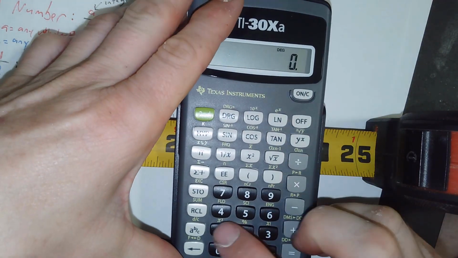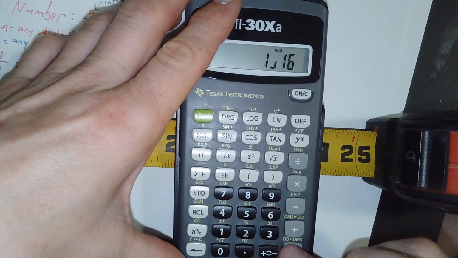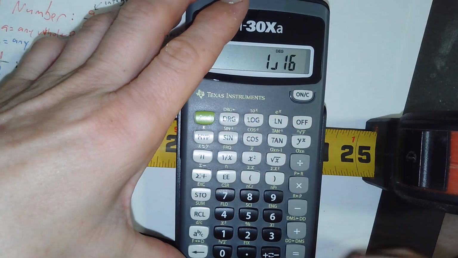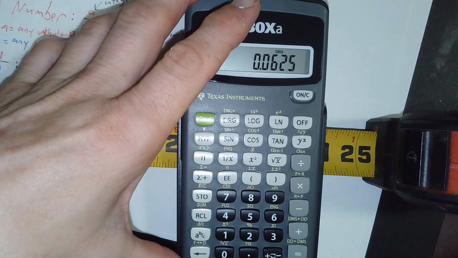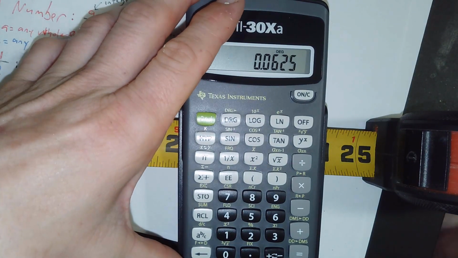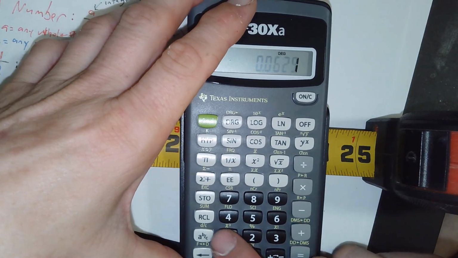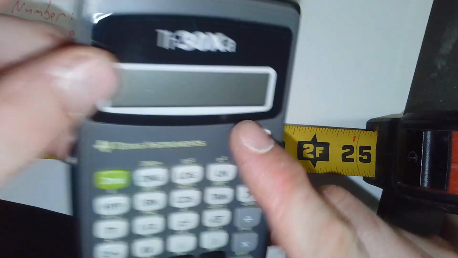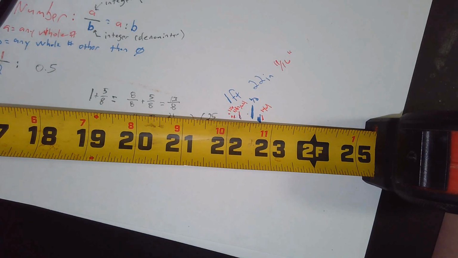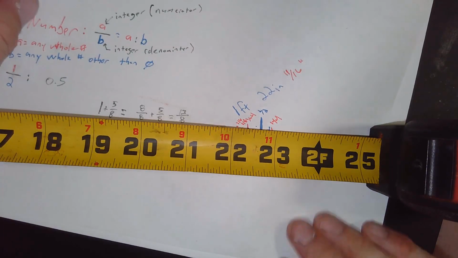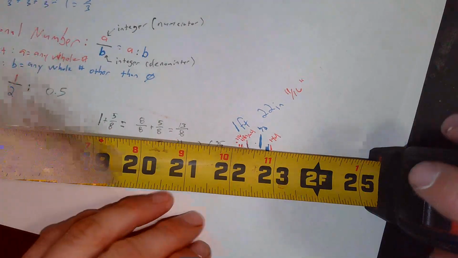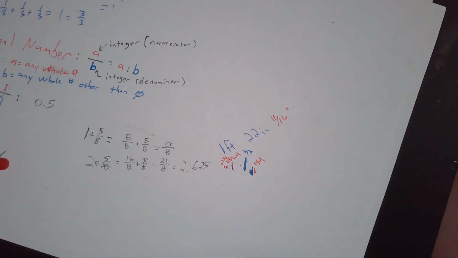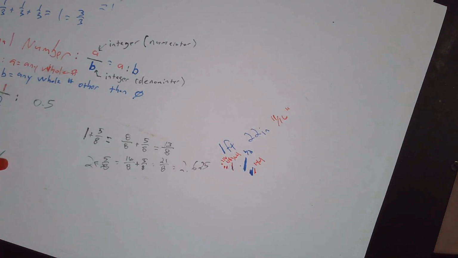Or if I remember what my 1/16 is, half is 0.5, so 1/16 is 0.0625, and I multiply that by 11. That's another way to do that. Okay? So that is writing numbers in different equal forms. I hope that helps you guys.